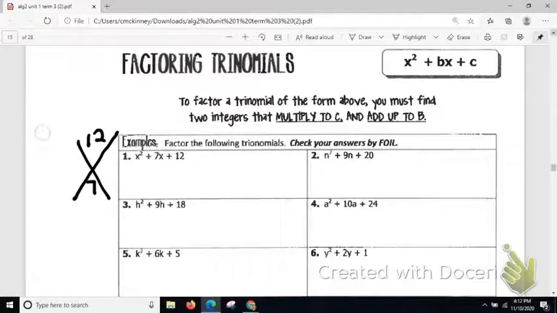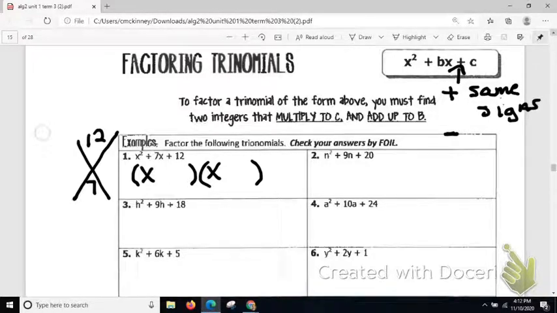But I know that this is going to be 2 sets of parentheses. I know they both need an x to get x squared. Now, my next thought is what multiplies to be a positive 12. Okay, it's a positive 12, so I know the signs are the same. If this is positive, same signs.